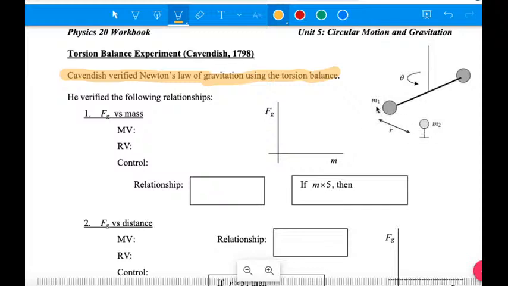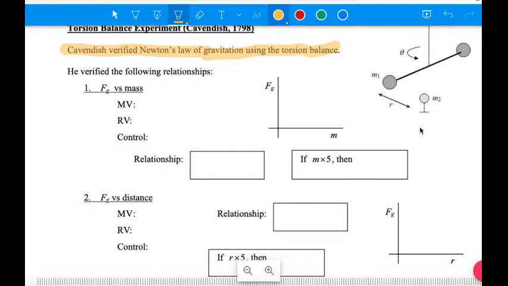So we have our unknowns, or our variables, being the mass of each object and the distance between them. So Cavendish verified this first relationship between our gravitational force and our mass using this first experiment.